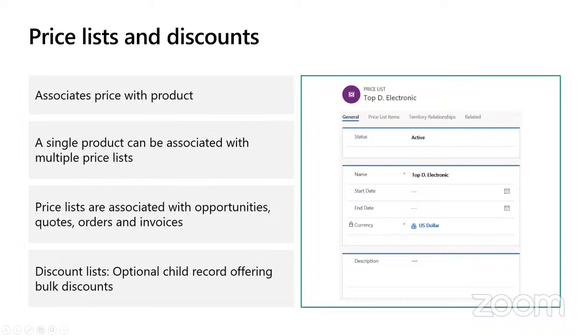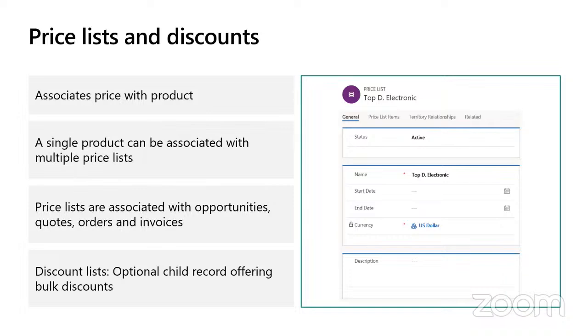And the beauty of Dynamics 365 is you can have a single product which can be associated with multiple price lists. So you've got price lists that you have as well within Microsoft Dynamics, where you can associate particular products within that price list.